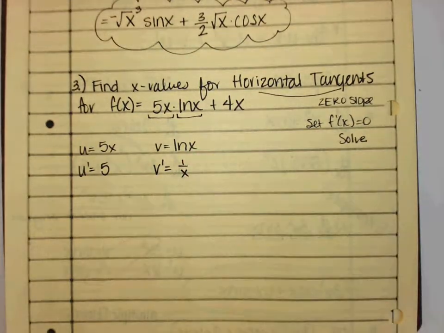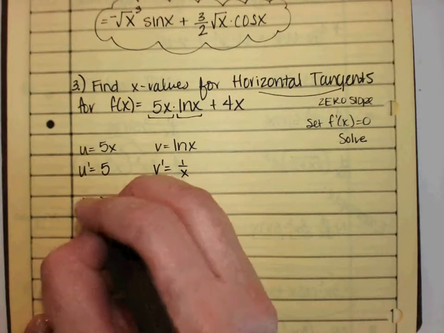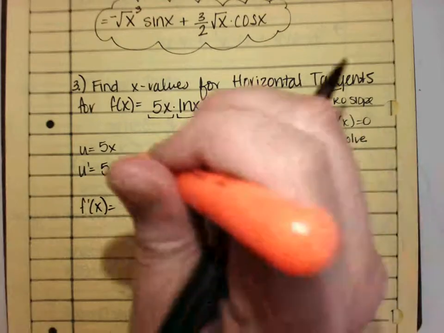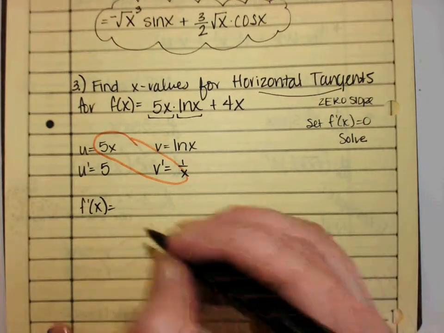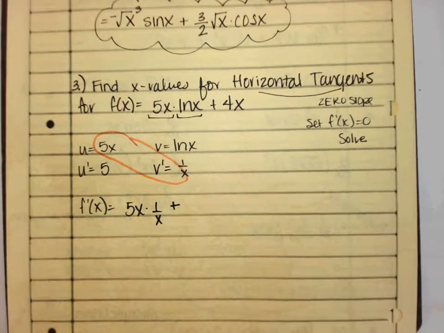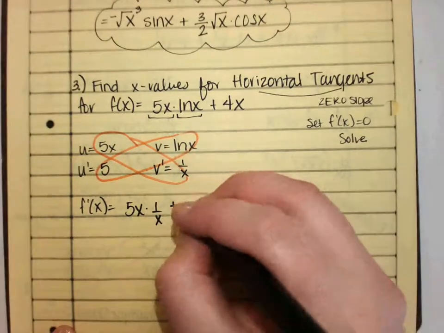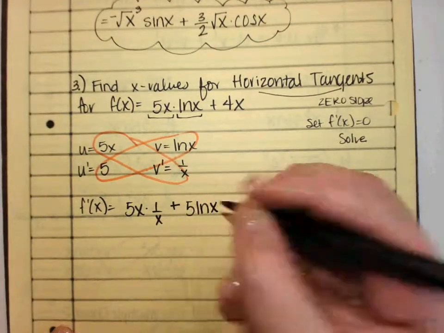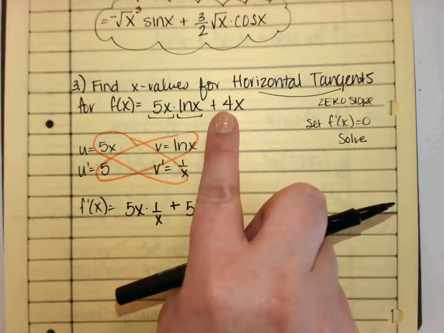And then remember product rule, you just add your diagonals. So I'm going to put f prime of x equals. I'm going to do this diagonal first, and then I'll put the other diagonal second. So it's going to be 5x times 1 over x plus, and then this diagonal would be 5 ln x. Now, notice that that's not the end of my function. I had my product, but then plus a what? 4x.